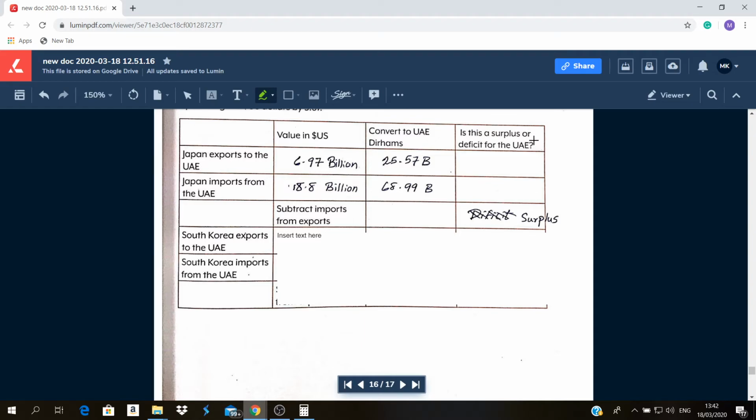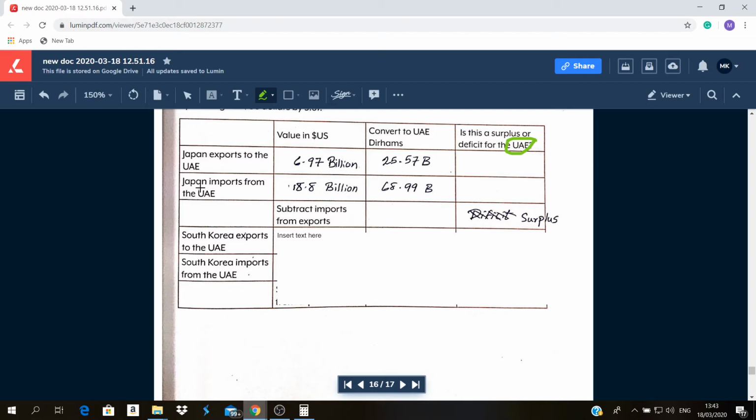Be careful. We want the things that are related to the UAE. If Japan exports to the UAE, so it's imports of the UAE, right? Japan imports from the UAE, so this is the exports of the UAE, because Japan is what? Is it receiving or giving?